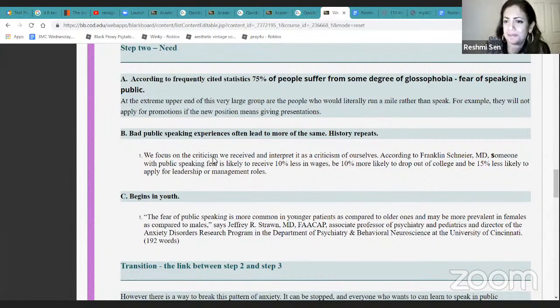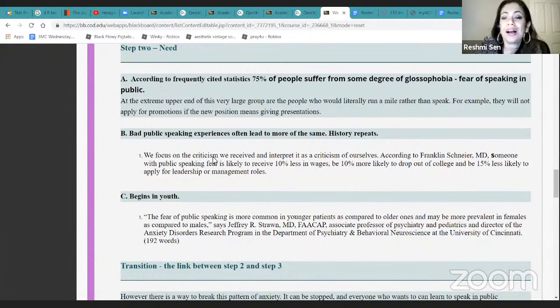These 3 steps force you to understand that this fear happens very early on. It is something most people face, and it is often cyclical, which means one bad experience leads to another, and you can never really get out of it, and you end up having this fear of public speaking throughout your life.